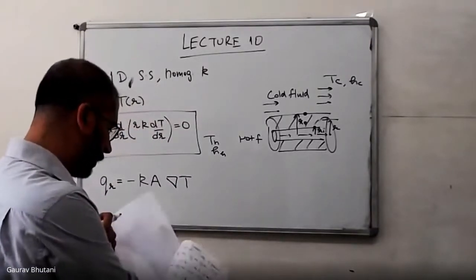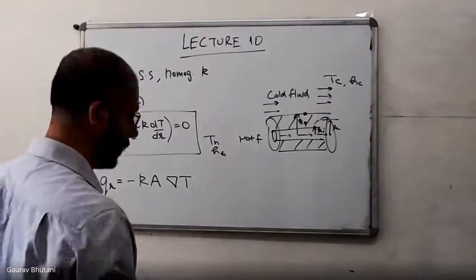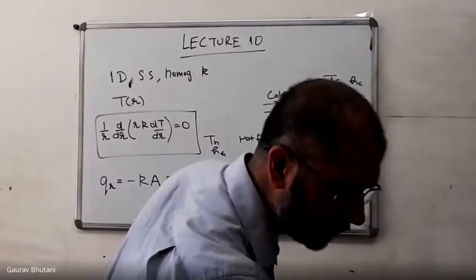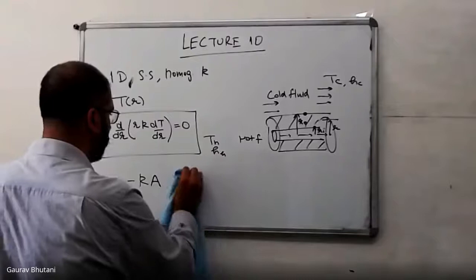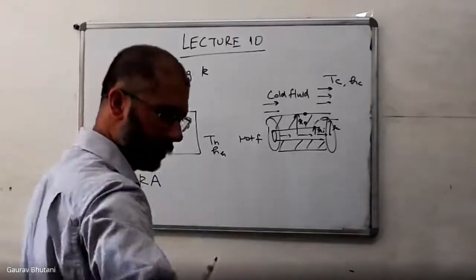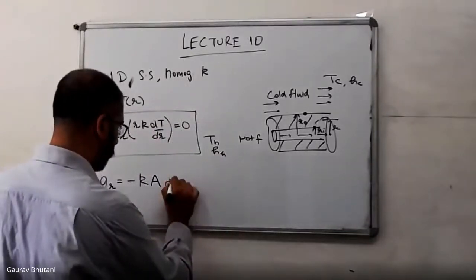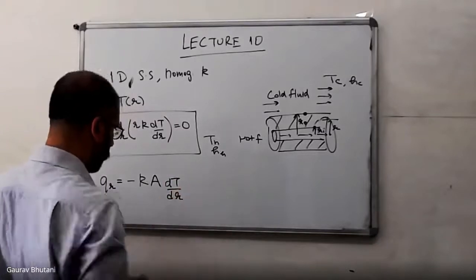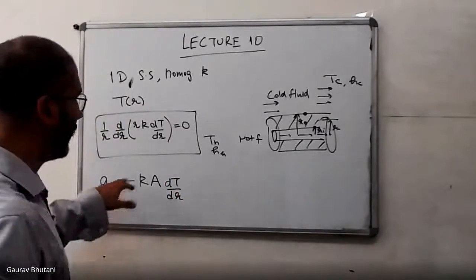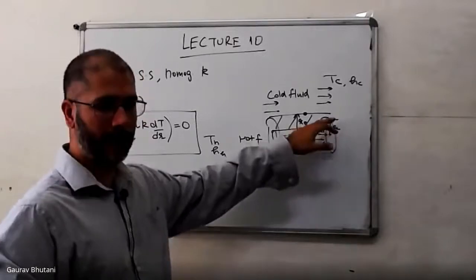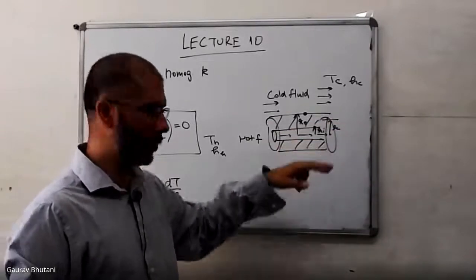So the gradient was simply del T by del r in the r direction. So this becomes dT by dr. And this is for any arbitrary r that we have chosen inside the insulation.